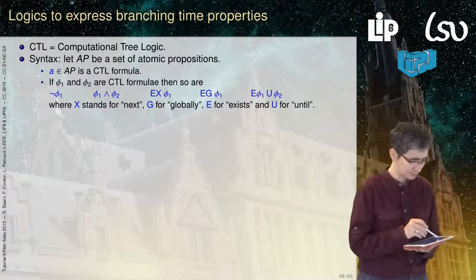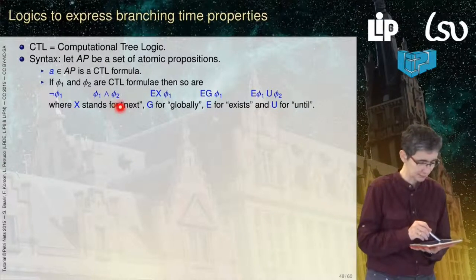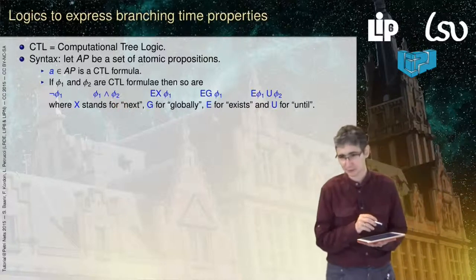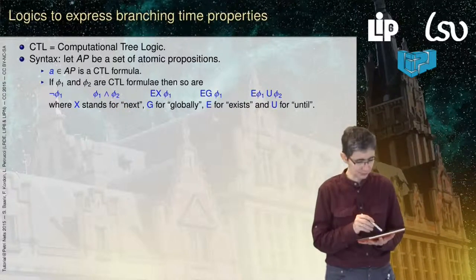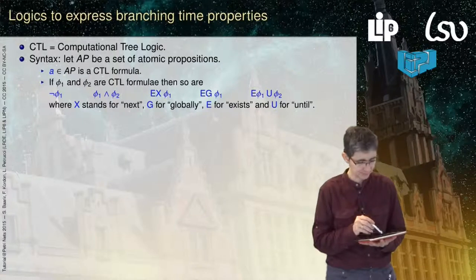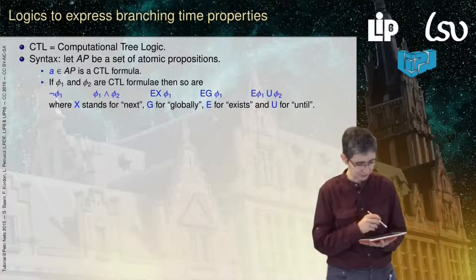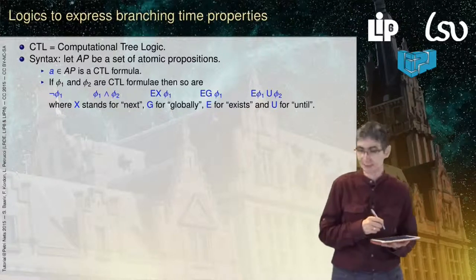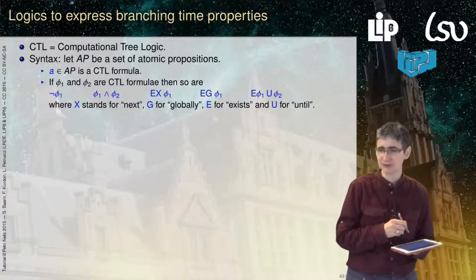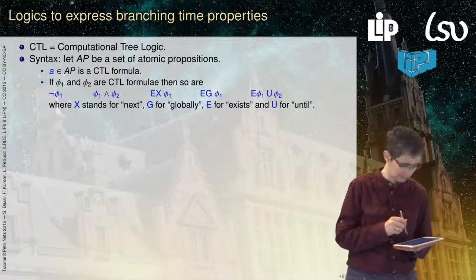You also have negation and conjunction of formulas. And you also have the X operator for next, the G operator for globally, E for exists, which is a new one, and you still have U for until.